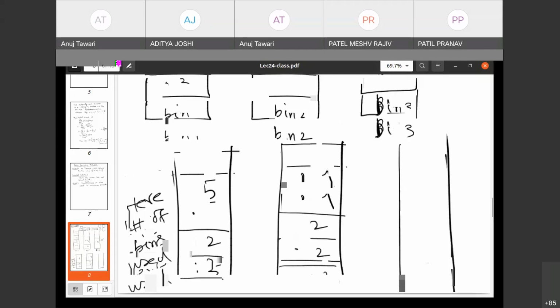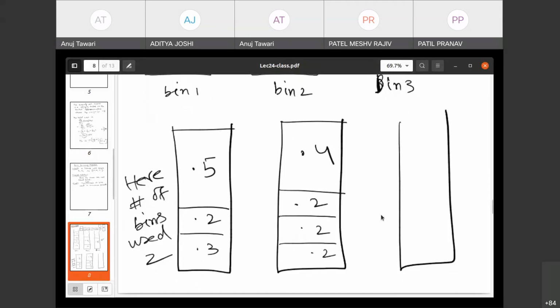Okay, one more idea. Place the next item in the smallest possible spot. That is, put it in the bin so that the smallest empty space is left. Okay, yeah, that is a good idea. He wants the smallest empty space here. Okay.